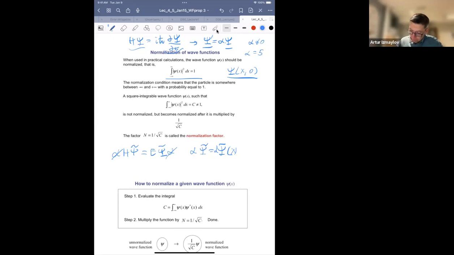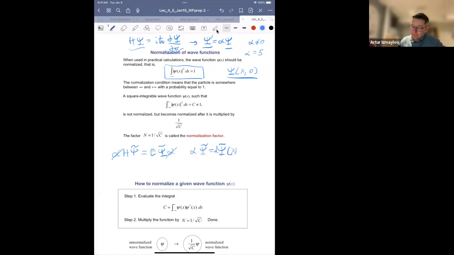So that condition will be violated if you start multiplying the function by some constants. And therefore, we just generally know that for a single particle, this integral must be 1 because the particle exists and it's somewhere. We have psi, sort of showing us where the particle is, what's the probability of finding it in different areas.